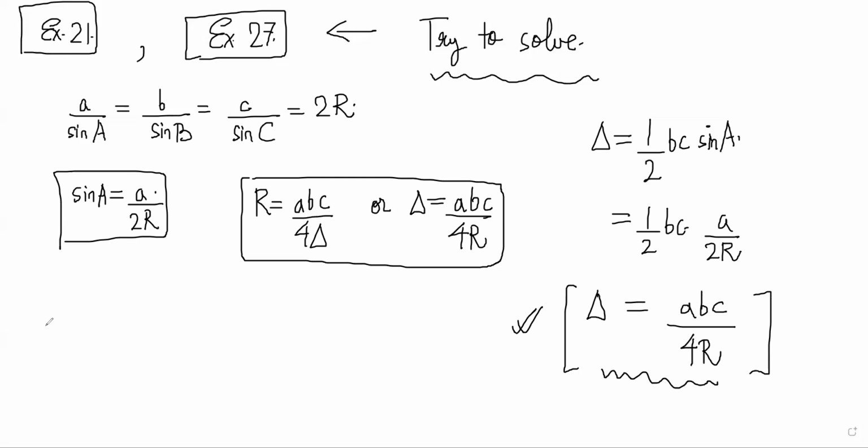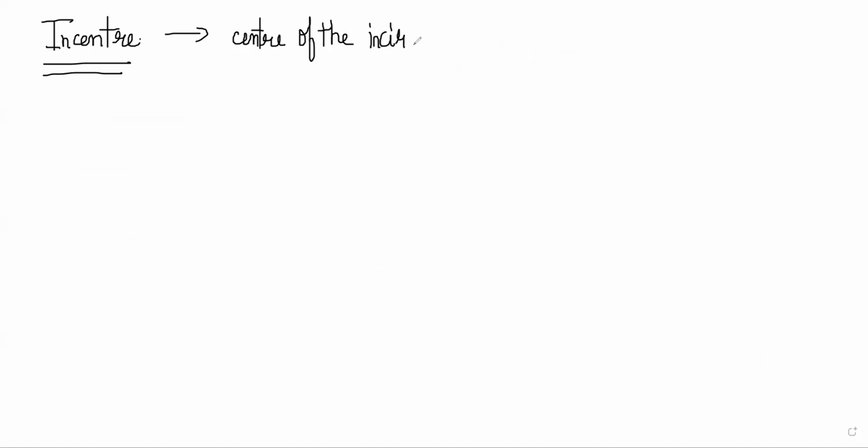The articles from here onwards will be dealing with specific points of a triangle. So the first point is basically the incenter. The incenter is basically the center of the incircle, right? Yes, sir.